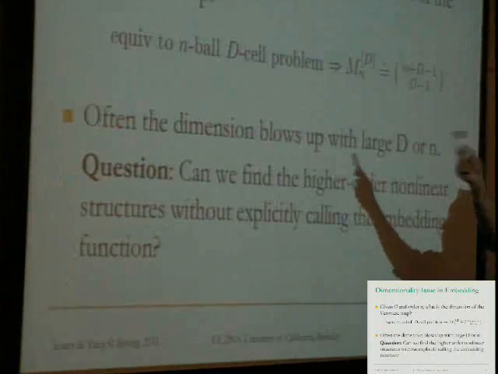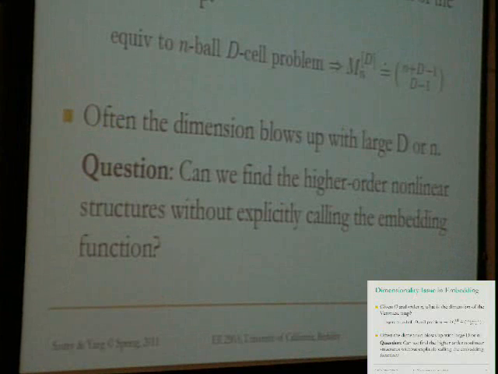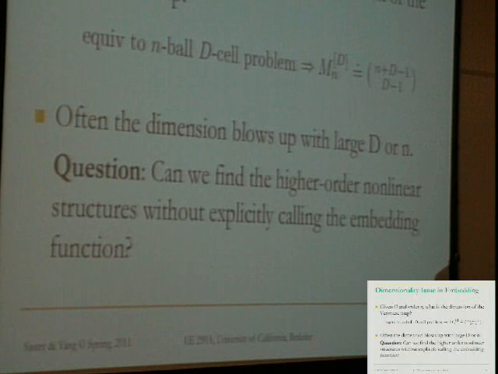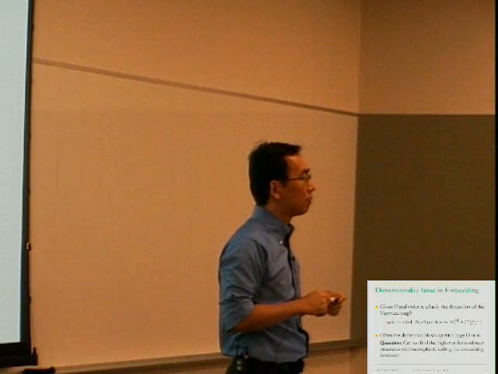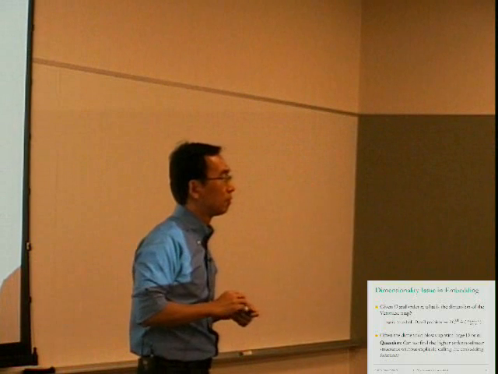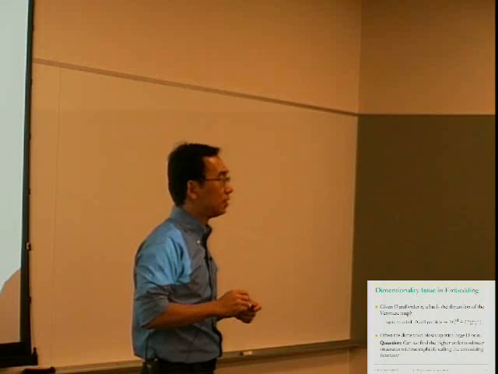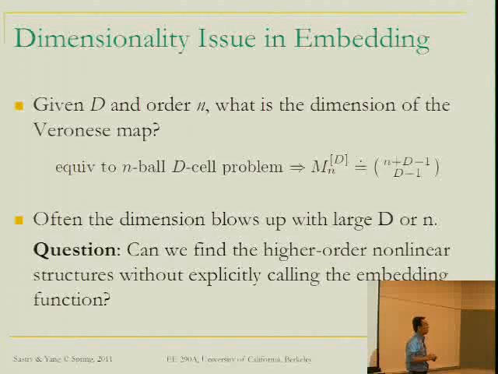If you know that you are solving an n-ball D cell problem, how do you get to this equation? Exactly. Balls are one object and the partitions are another object.